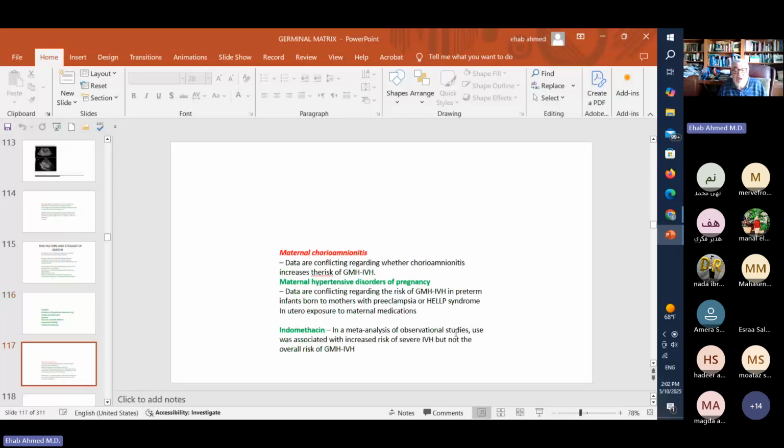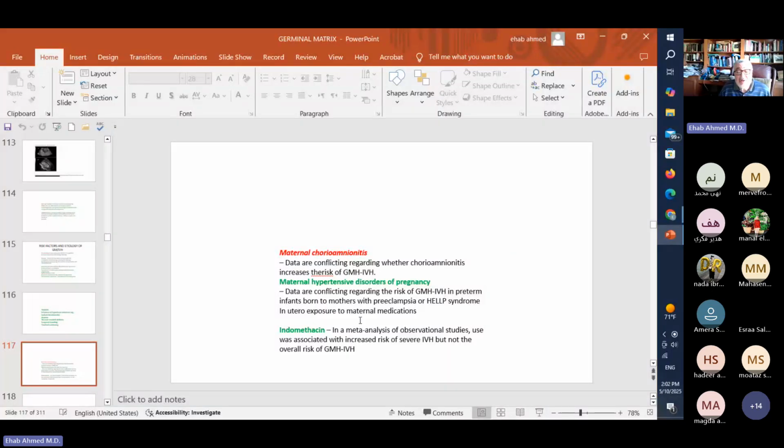As you see, I repeat some of the important issues just to make them imprinted in your brain. I mean this. It is not just to make it boring. Maternal chorioamnionitis, there is a debate, but I believe it's a risk factor.